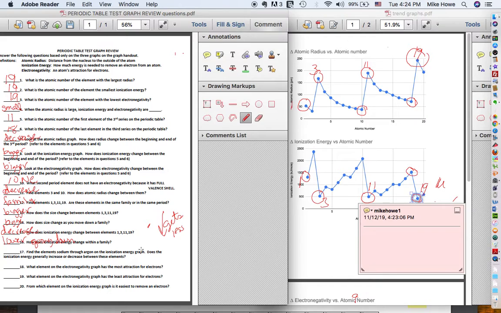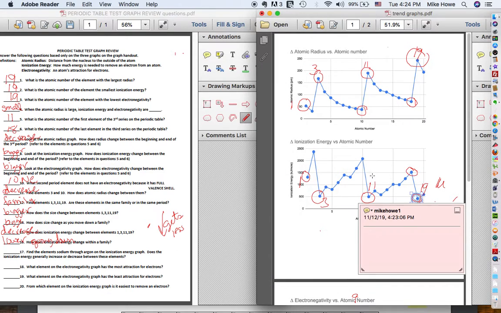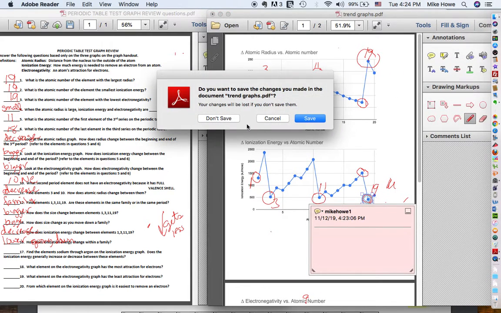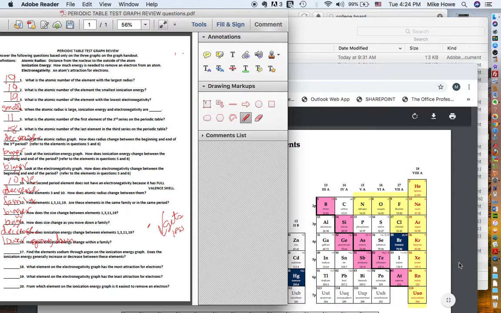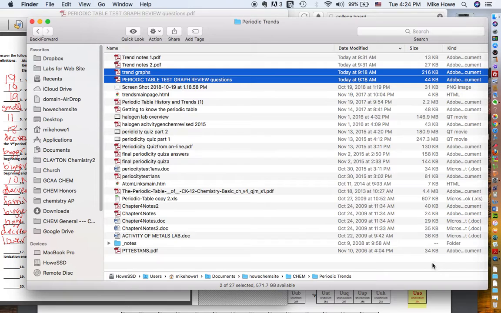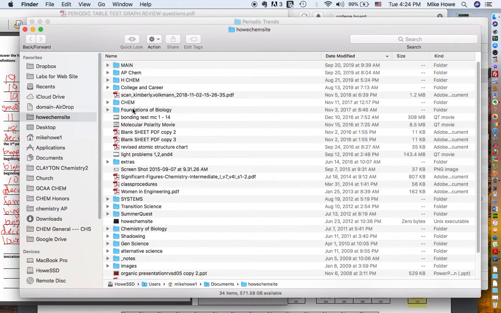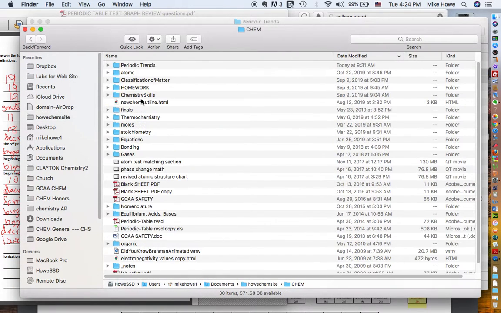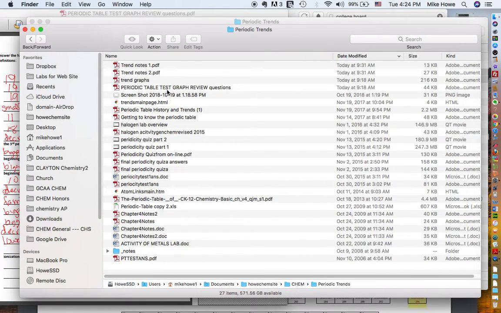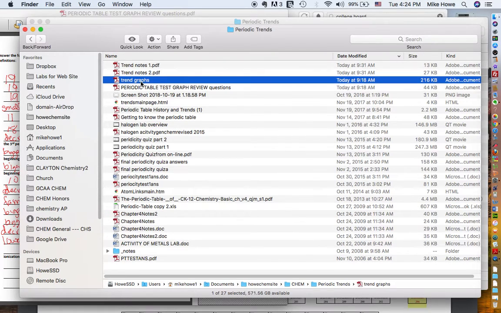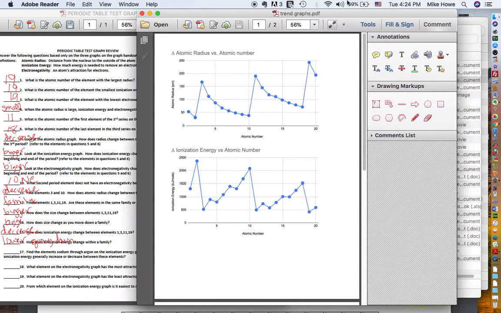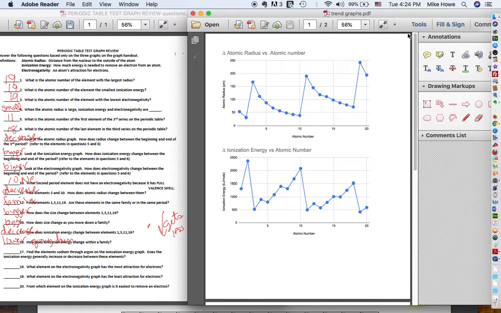Now we're going to find sodium through argon on the ionization energy graph. I'm going to pull this one back up again, reopen it. There we go.